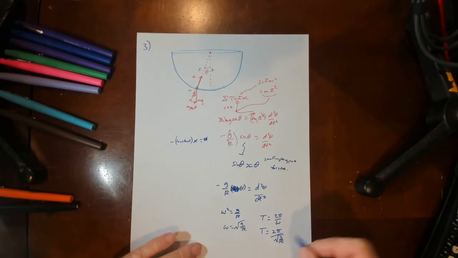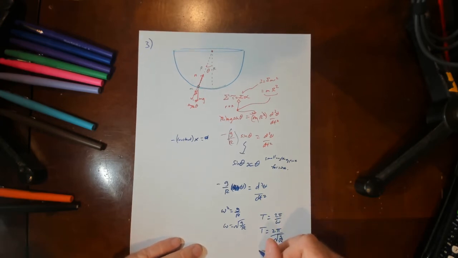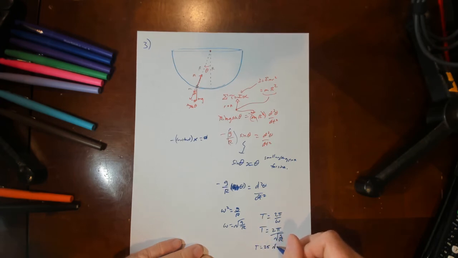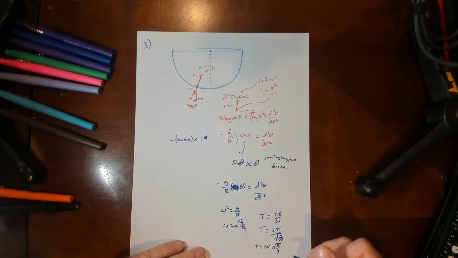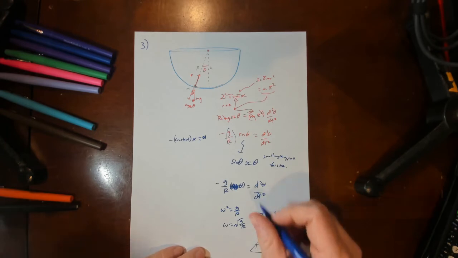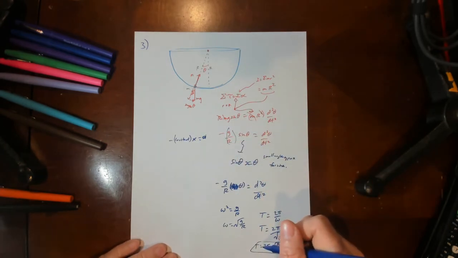So again, reciprocate, put it up to the top. My period is going to be 2 pi root r over g. So that's what I got for this particle in a bowl. That's the formula for its period.